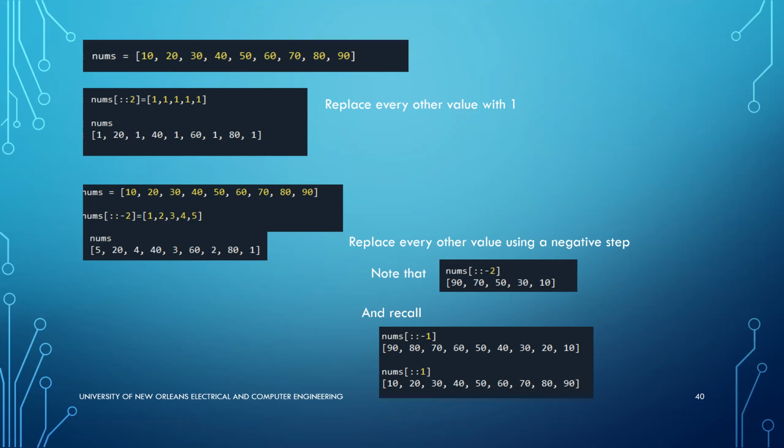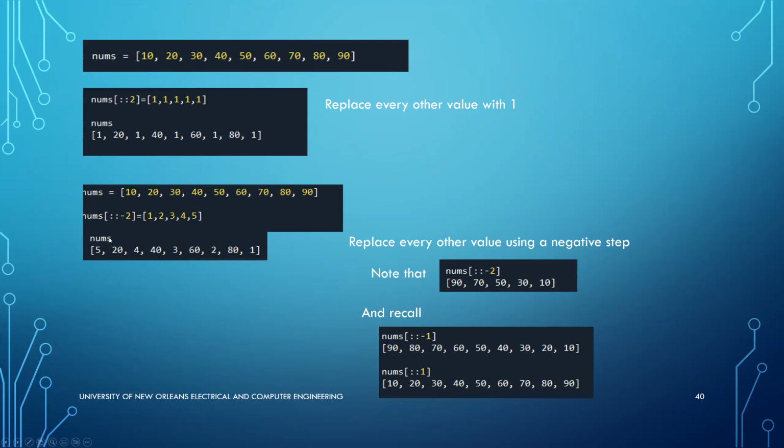Notice the difference if, instead of using an increment of positive 2, I use a negative 2. And since I'm using a negative 2, then as you probably remember, we use a negative step, so I'm going to go in the other direction. So what that means is that I'm going to replace starting at, in this case, with 5, because that's going to be the first one, since I'm going in the negative direction.